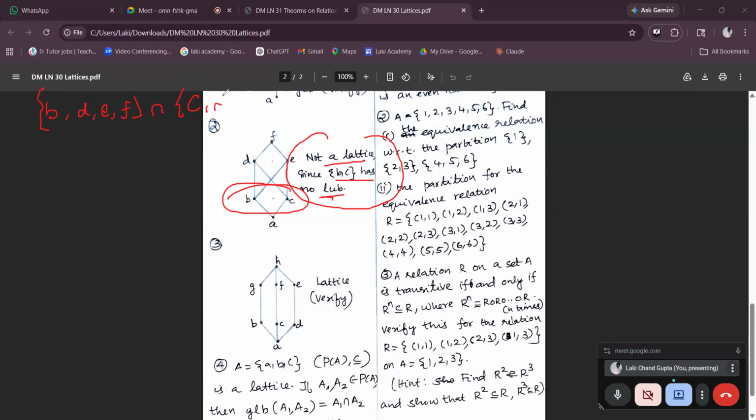C, D, E, F, right? Yes. So what are the common elements? D, E, F. So out of these three elements, can you tell me the least value? Least means what?